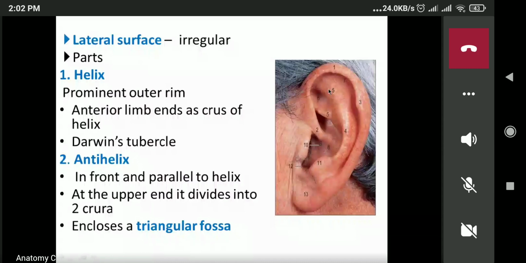Between them it encloses a triangular space, which is known as the triangular fossa. So this is the helix, this is the antihelix, and this is the triangular fossa.